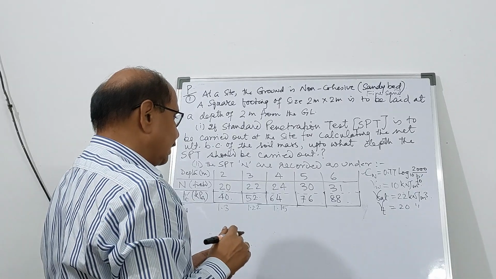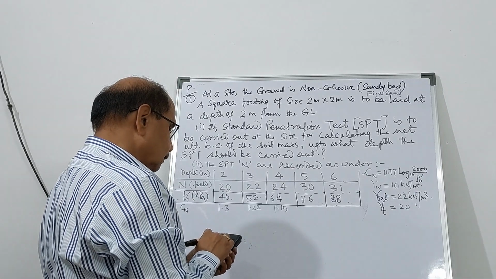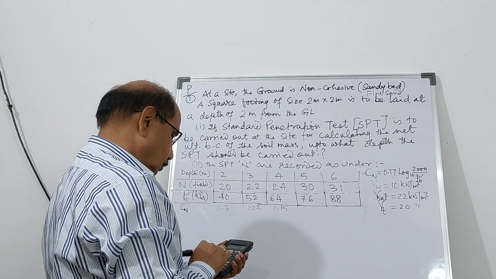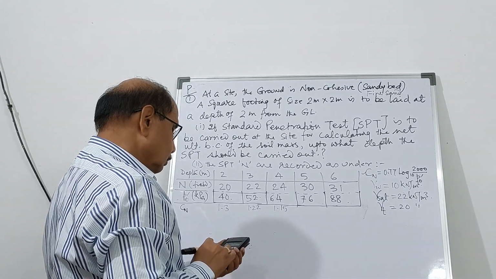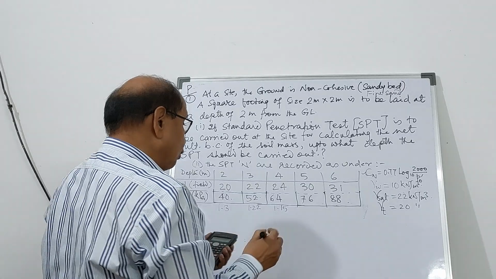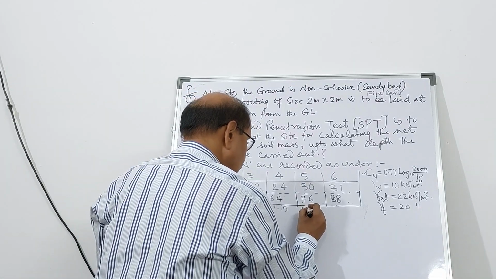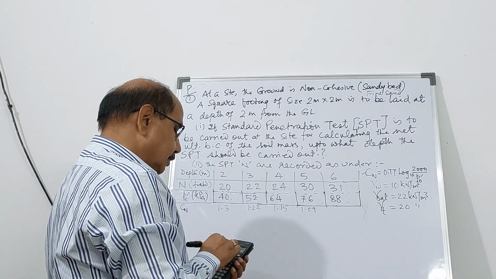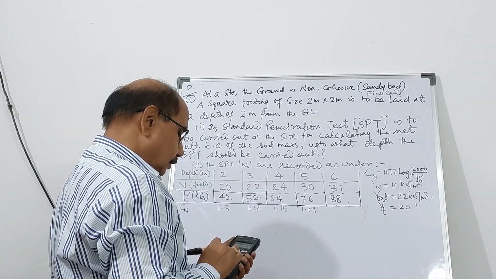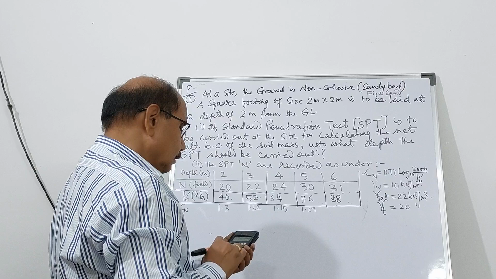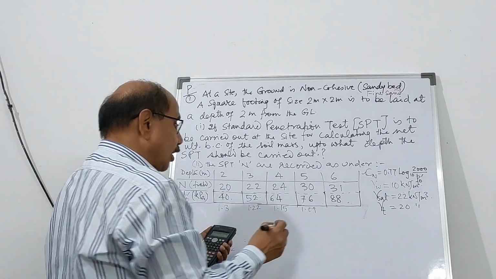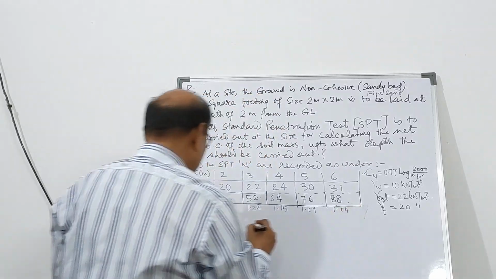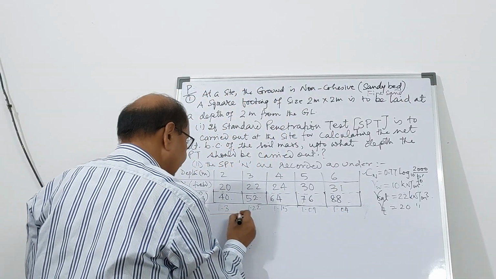Then at 76, it is 1.09, and at 88, it is 1.04. So we are going to get the correction factor.